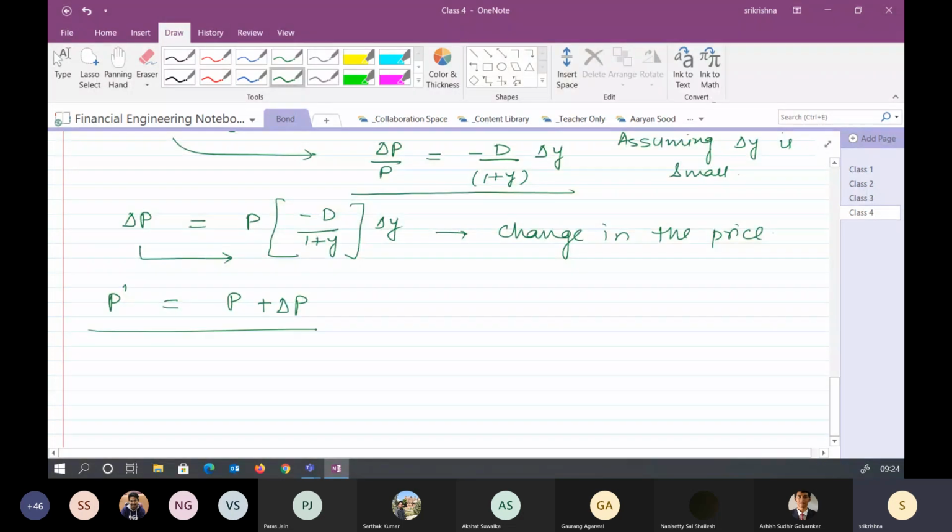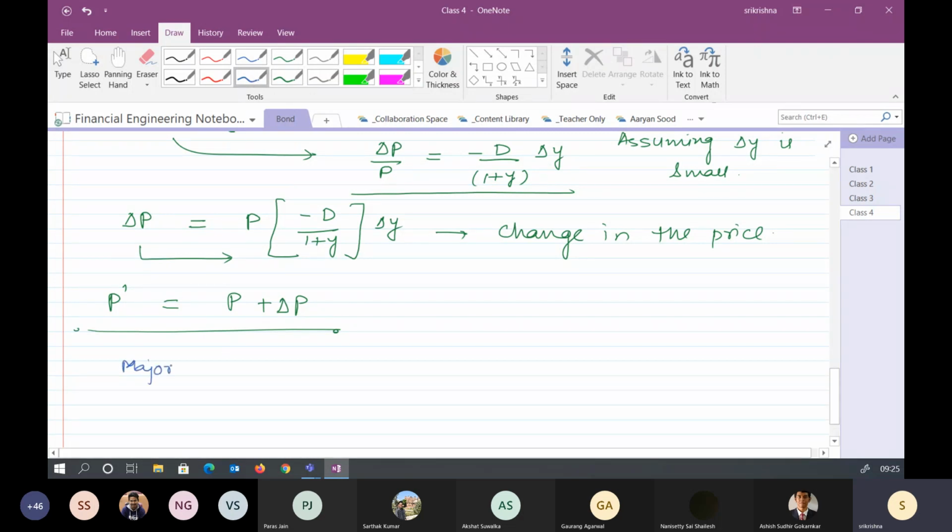So if this part is clear, I can move ahead, because next would be to calculate for a particular bond and see what the change in the price would be. Do you agree? Yes, sir.